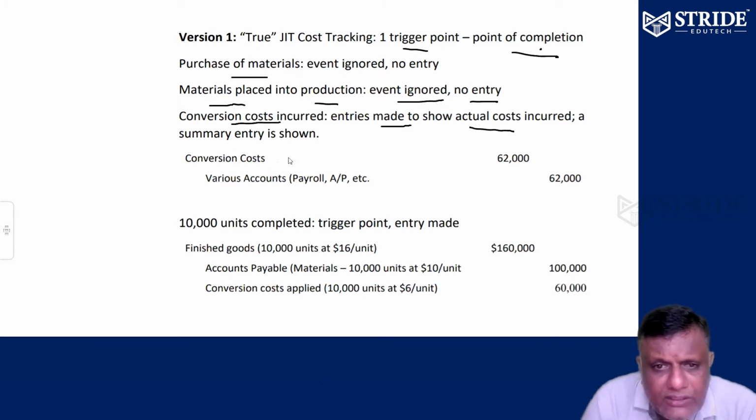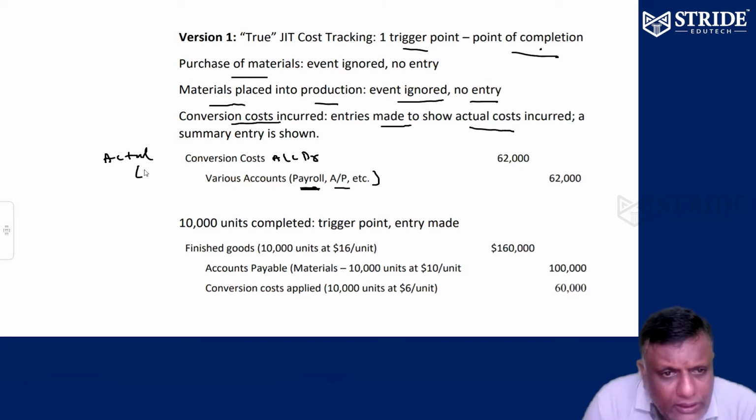Conversion cost account debit, that is actual, 62,000, to payroll account or accounts payable account. Is labor also involved? Conversion cost is a combination of direct labor, direct expenses, and factory overheads.